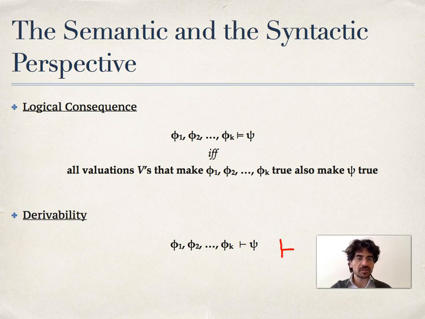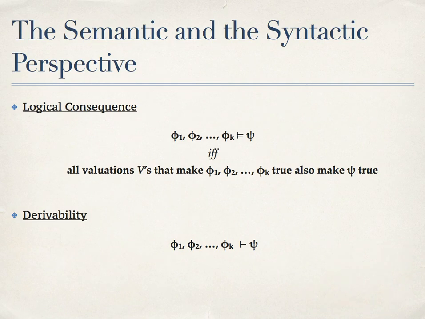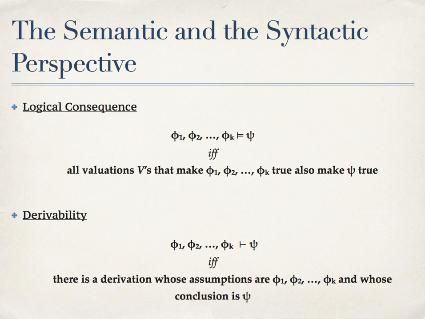So this is different from the symbol that has a vertical bar and two horizontal bars. Whenever we have a derivation or a proof from the premises to the conclusion, we can write that symbol. It's the symbol of derivability.